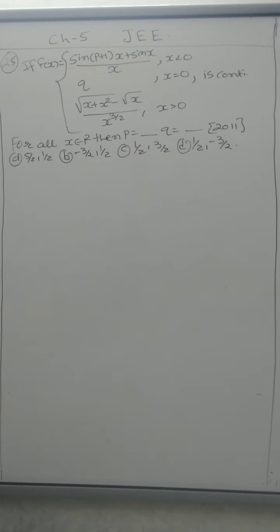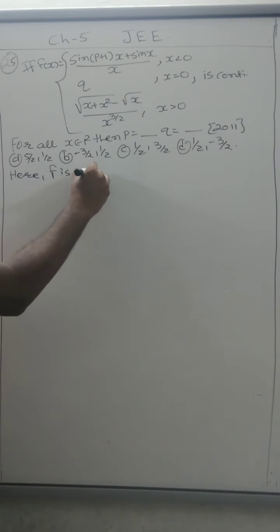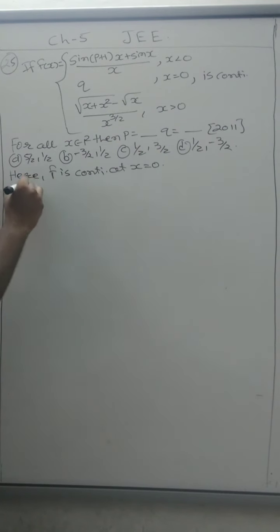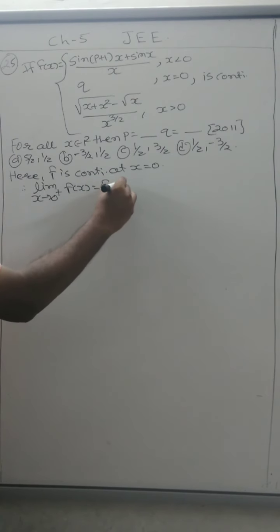So first of all, here f is continuous at x equal to 0. Therefore, limit x tends to 0 plus fx equal to f0.